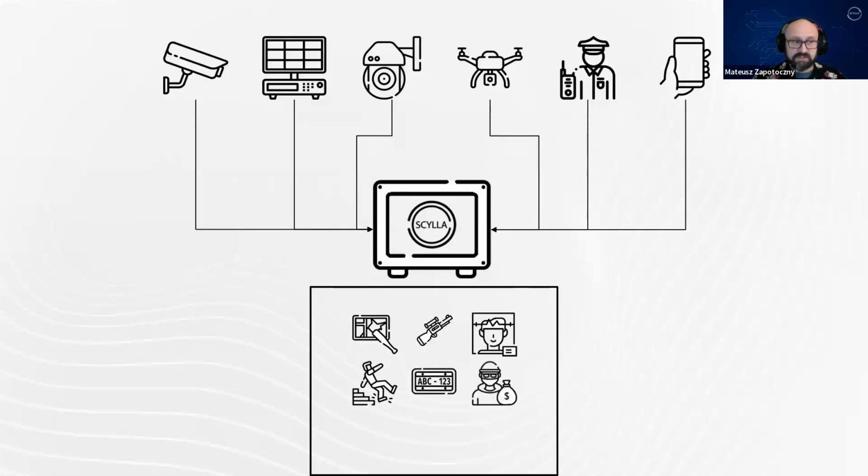License plate recognition, intrusion detection, but also shoplifting detection for retail, abandoned object detection, smoke and fire, which is the best of the best of the best on the market, and fight detection. So when people are fighting or things like this.